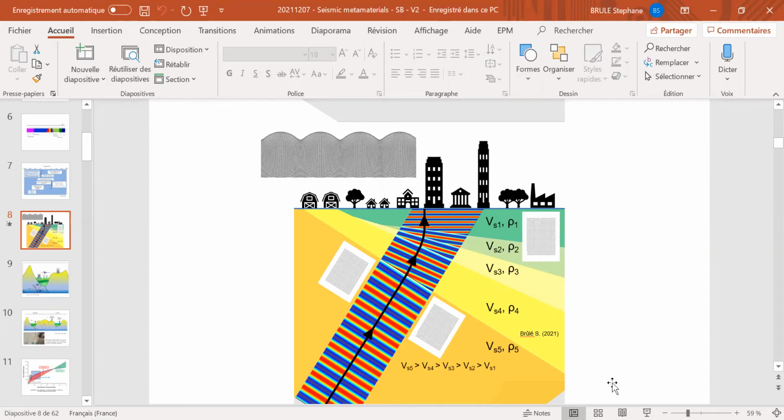But you're right, because what is interesting, with few data in the world, is to have the information at the base of the column and the information at the surface. So you have the experimental transfer function for this situation. So it is very interesting to use this.